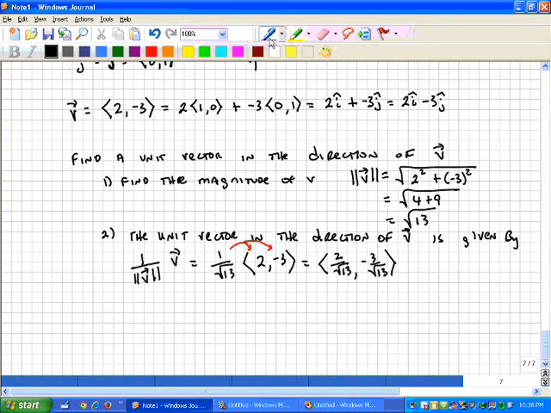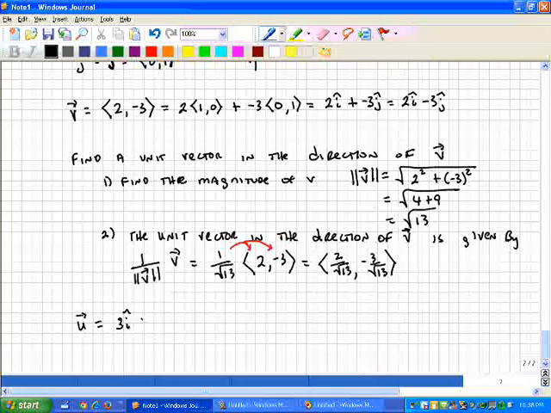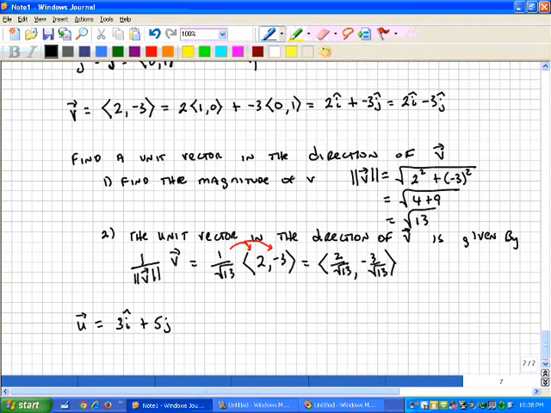It's important to know that we can perform operations on vectors written in terms of i and j. Let's let u equal 3i hat plus 5j hat, and let's let v equal negative 2i hat plus 4j hat.